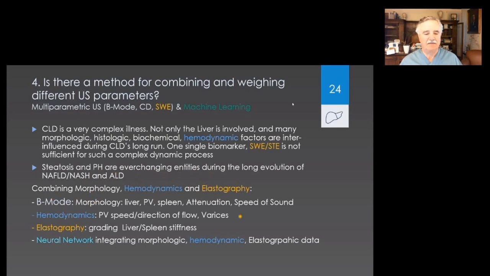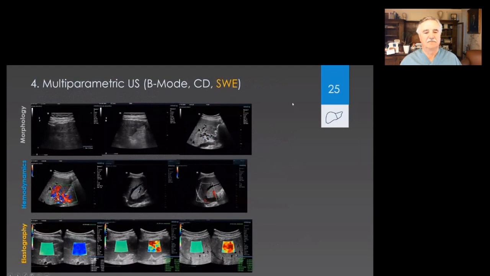morphology parameters, hemodynamic parameters, and elastographic parameters, in order to integrate all that information into a neural network.